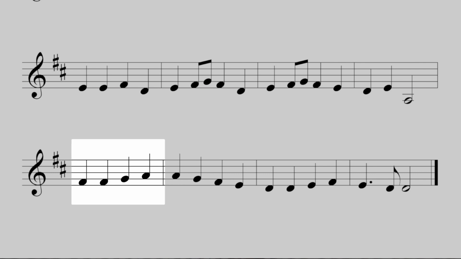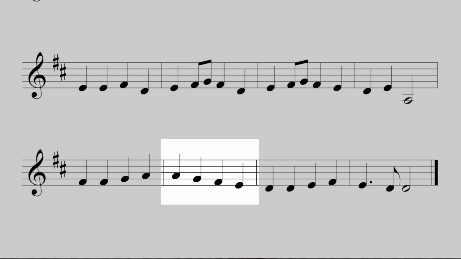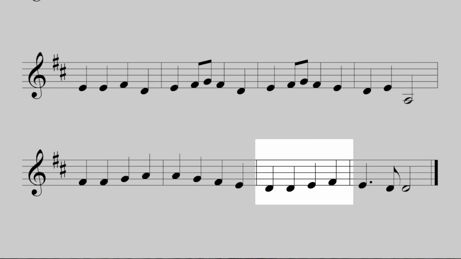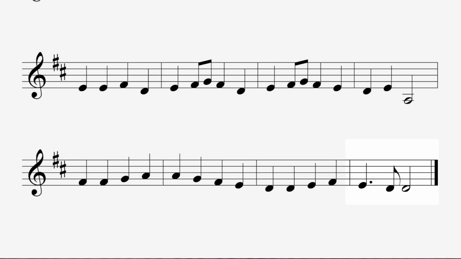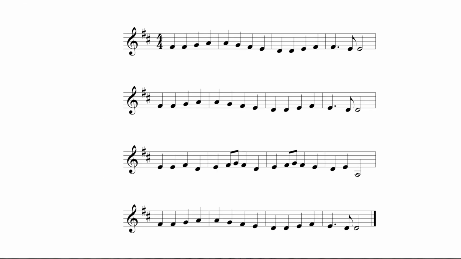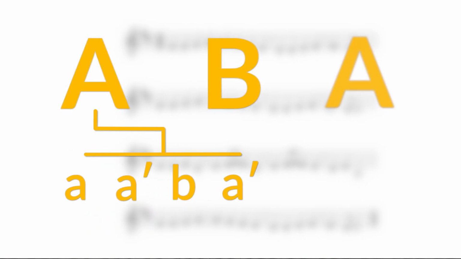But then it goes back to this. So altogether, that Ode to Joy, that group of phrases we could call A prime, because it had that slightly different ending, B, and then another A prime. You put all that together, that could be one section of your piece.